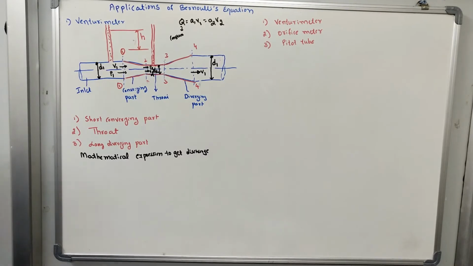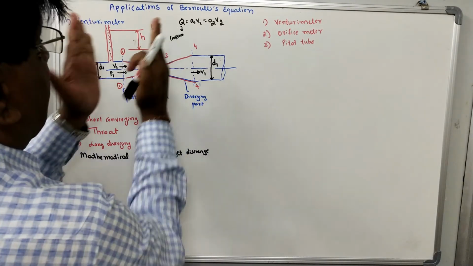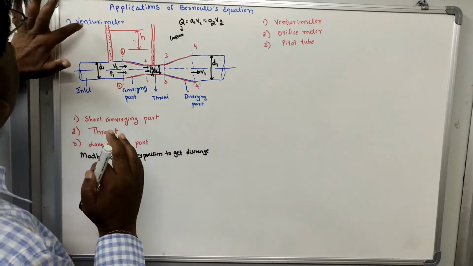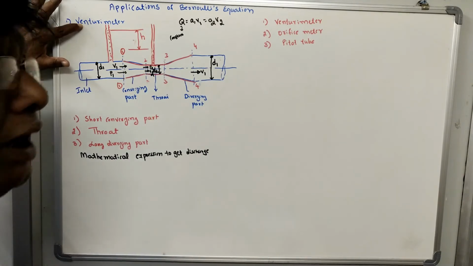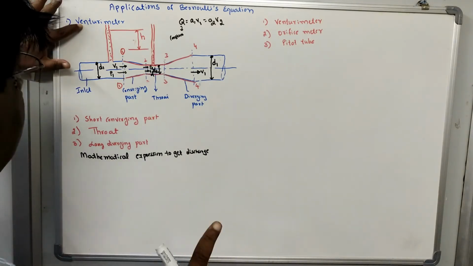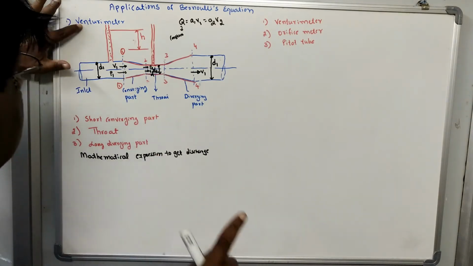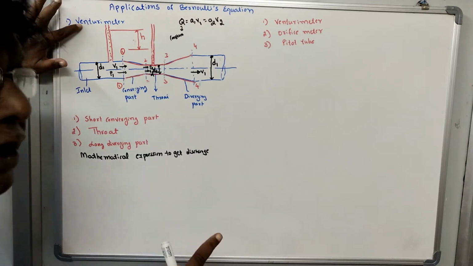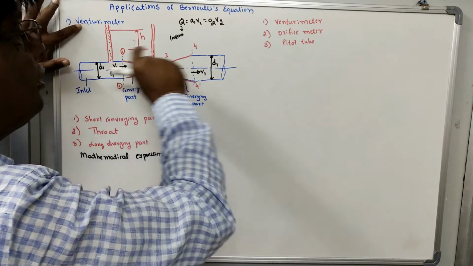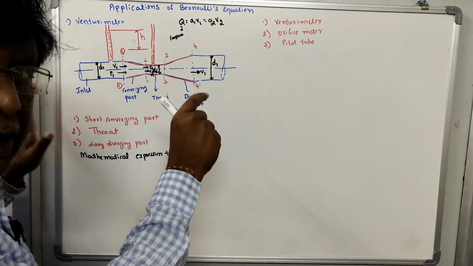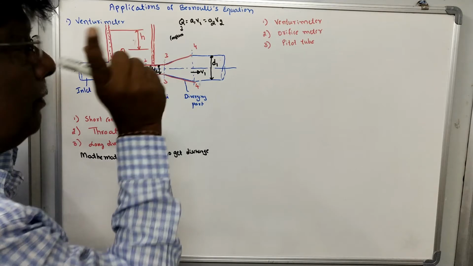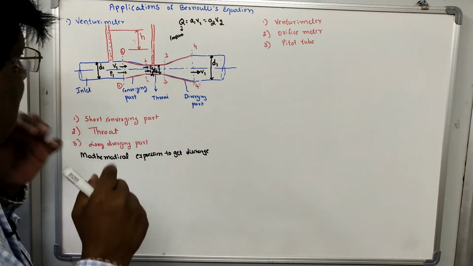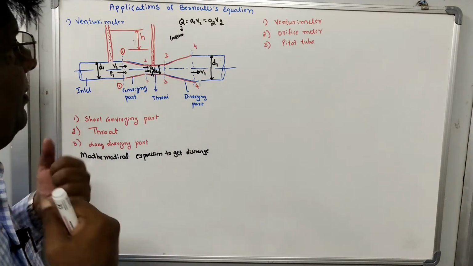Okay, so what we are doing here, let us connect the venturimeter to the horizontal pipe to measure the discharge or rate of flow inside the pipe. Okay, that is our requirement.